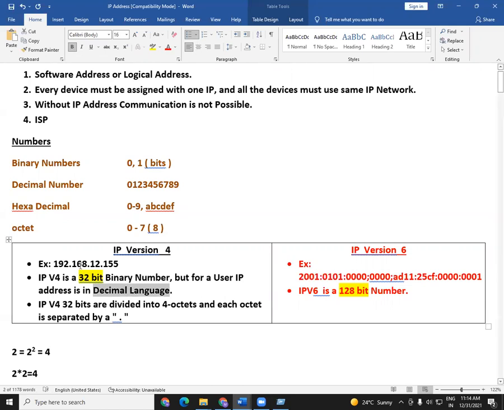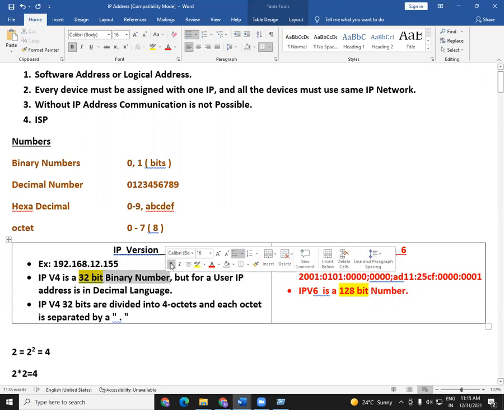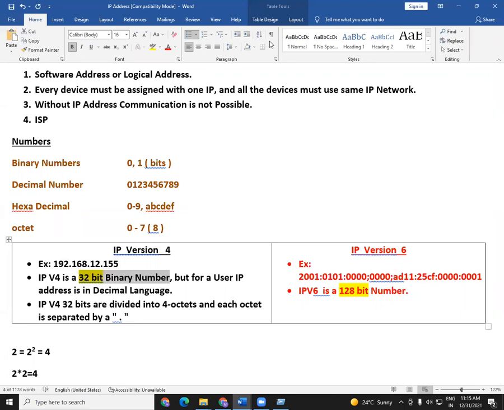This is the IP address 192.168.12.155. That is not binary, right? That is decimal. But what I have written here is that an IP address is a 32-bit binary. So the design of an IP address is in binary only, but for a user, it is presented in decimal form.